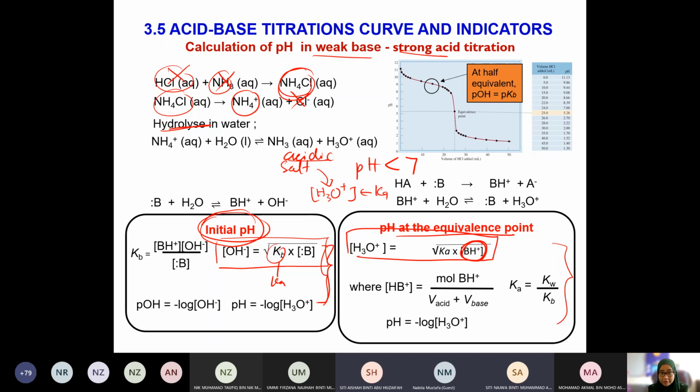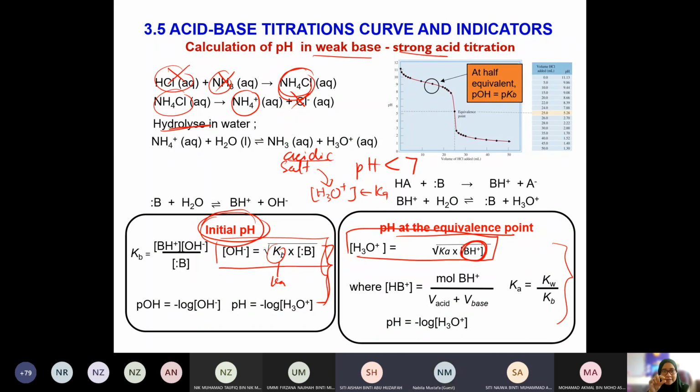But this time, because titration happens, imagine we have a weak base in the flask, and then titration happens, so you add in acid.